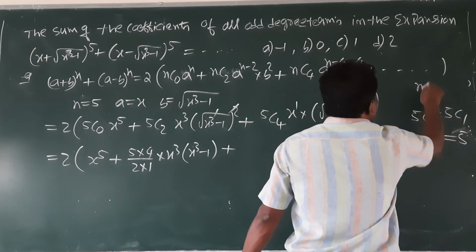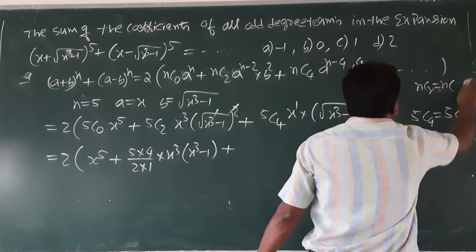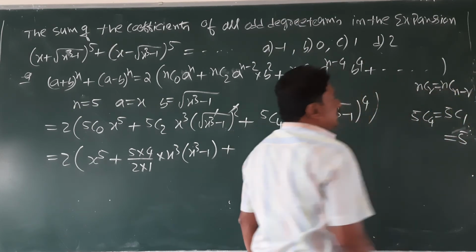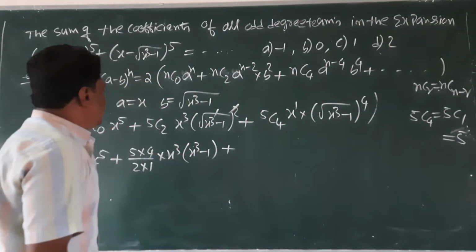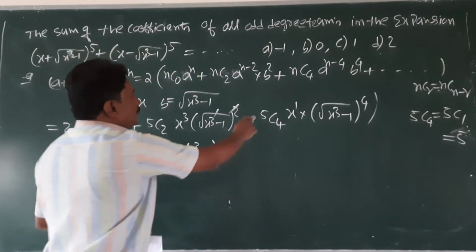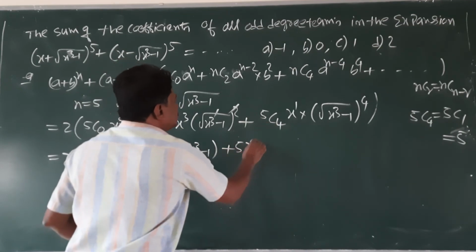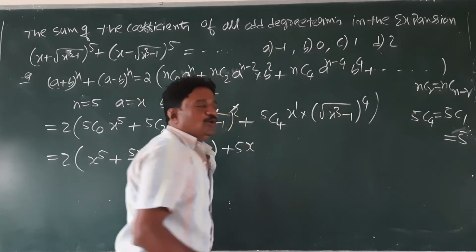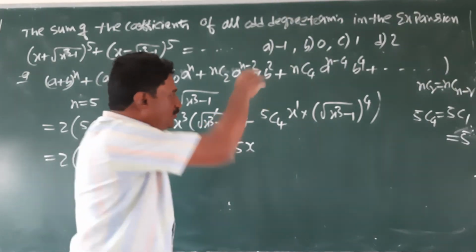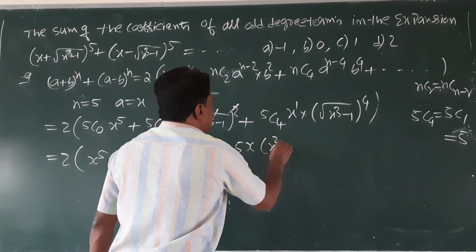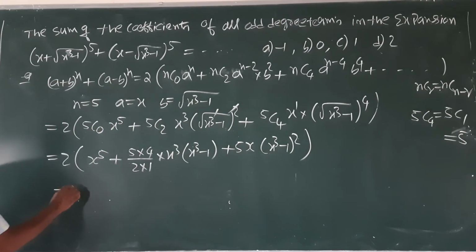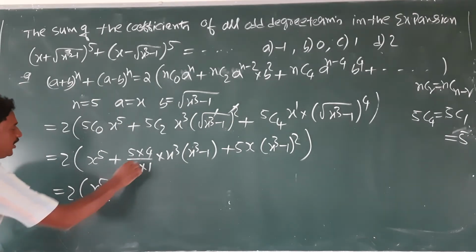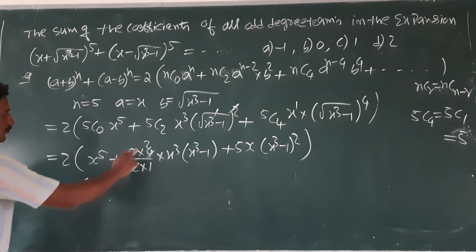Use this, students: nCr is equal to nC n minus r. Come to this: 5C1 is 5, x, and the root means 1 by 2, 2 2s are x cube minus 1 whole square.